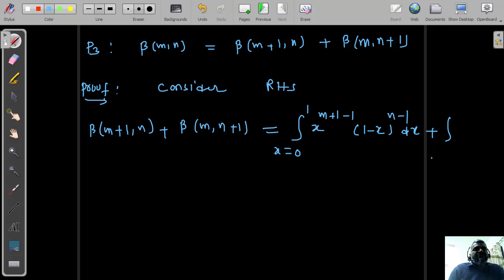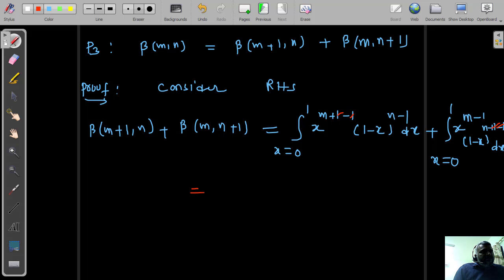Plus again we have the second term, beta of m comma n plus 1. Same definition, again apply 0 to 1. This time x power m minus 1 is the same, but 1 minus x will change: n plus 1 minus 1 times dx. If you see here, plus 1 minus 1 cancels out, again plus 1 minus 1 cancels out. The next step, simplification.